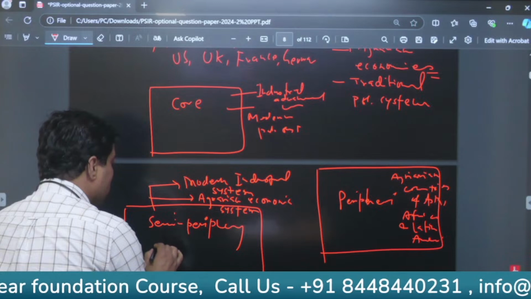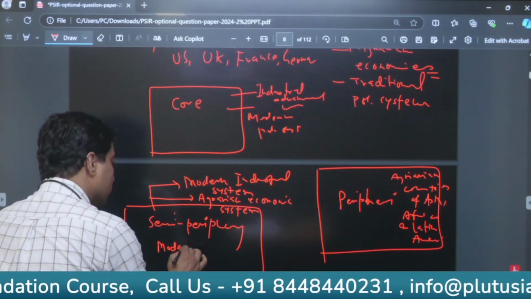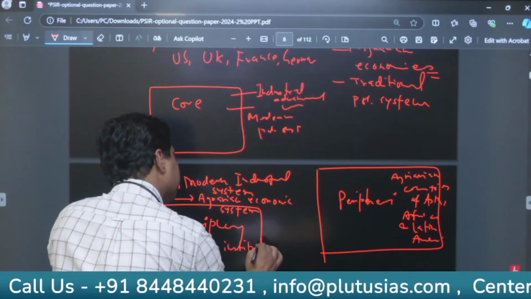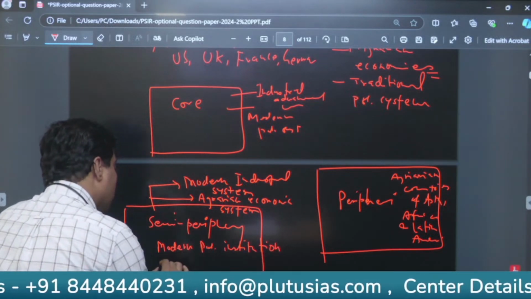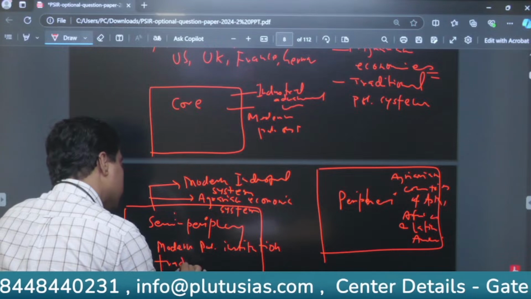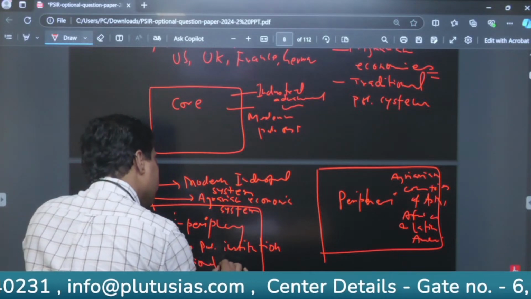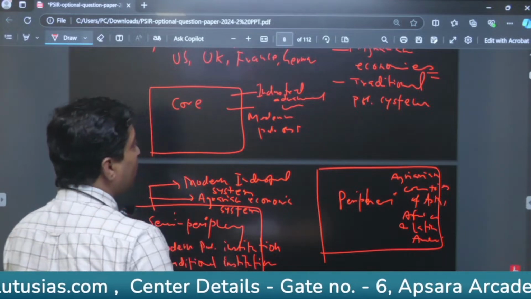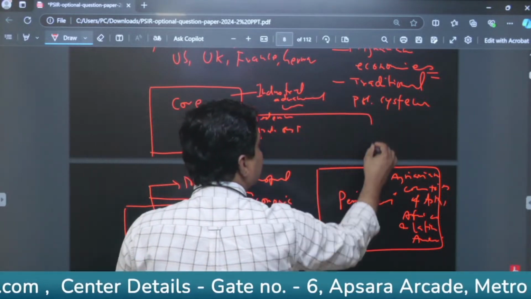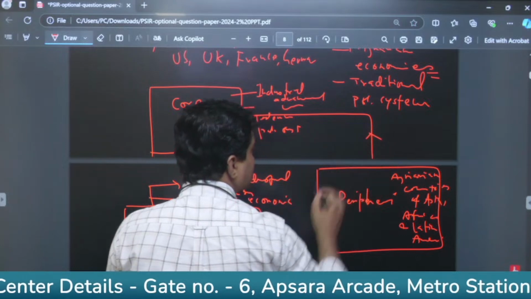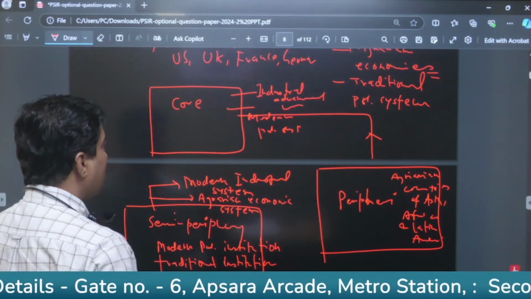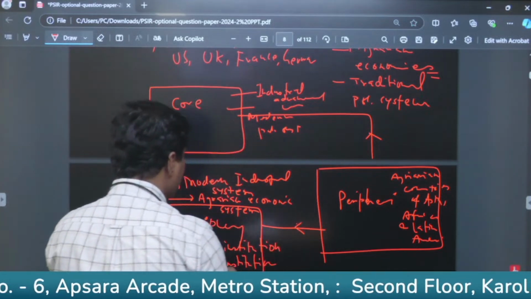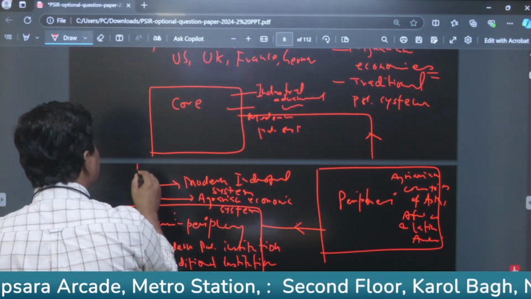It also has modern political institutions as well as traditional institutions. Now the core has exploited the periphery, and the semi-periphery has exploited the periphery, and the semi-periphery was exploited by the core.